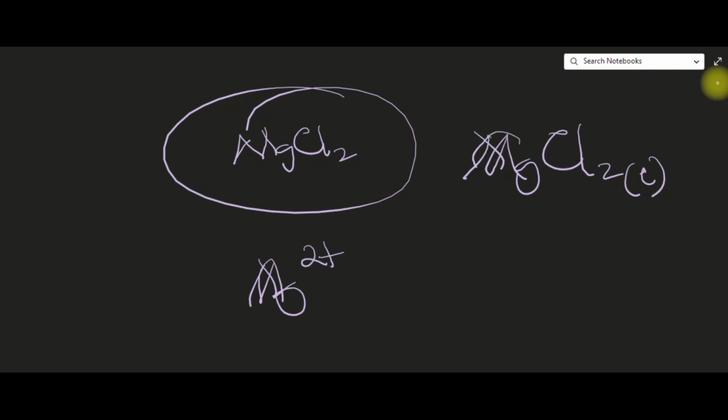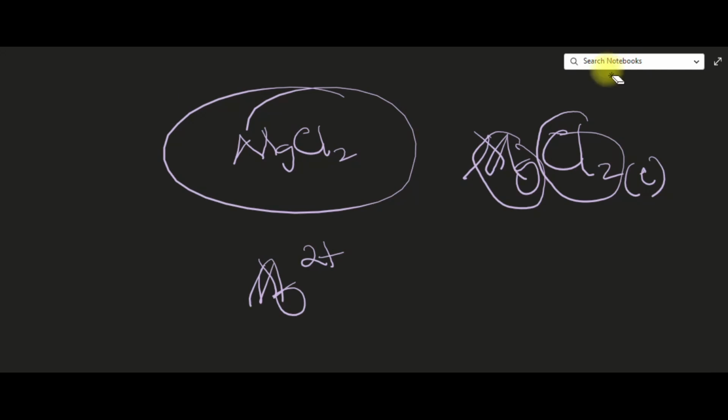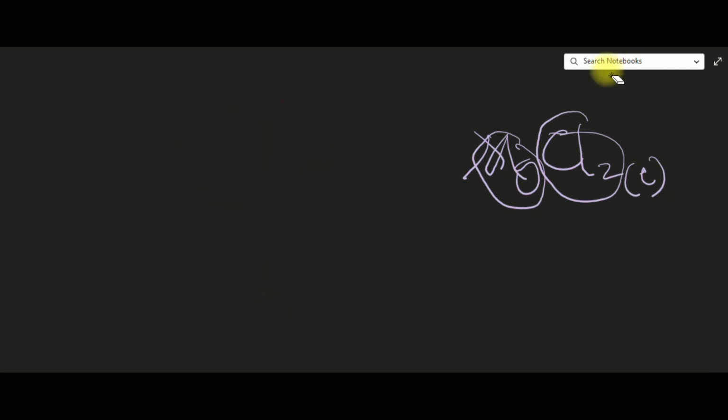Because you have only magnesium and chlorine as the ions in the solution. So you don't have any other ion with them. So when you are dealing with electrolysis of a molten substance, you will get 2 substances, one product at the anode, the other one at the cathode, and then those products are the atoms that come together to give you the salt.